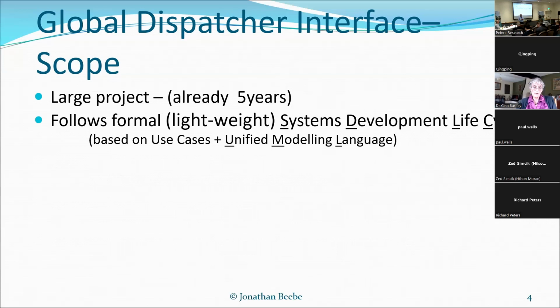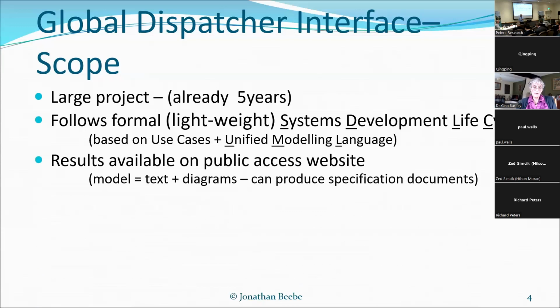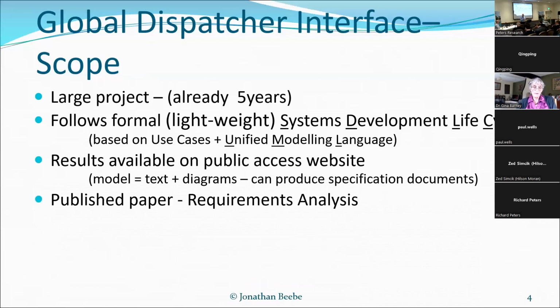The results of this modeling are available on a public access website. It's the project website, which I've published, and that consists of the model, which has text elements and also diagrams, and it can produce specification documents. Those are also on the project website.